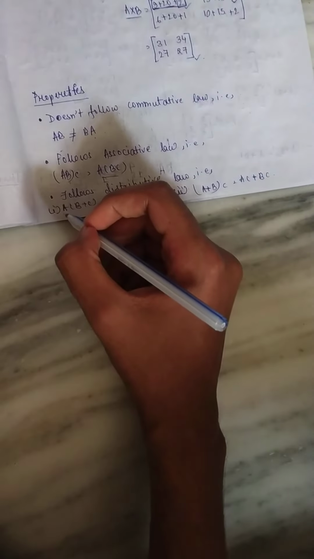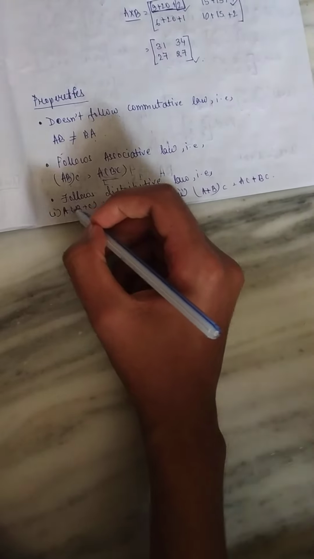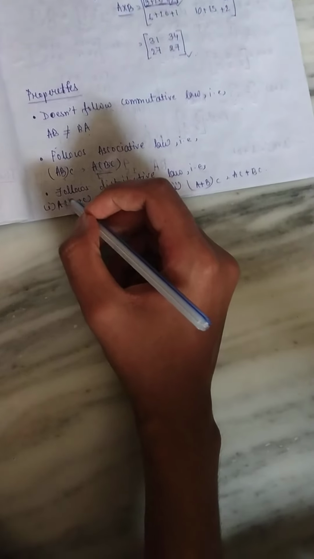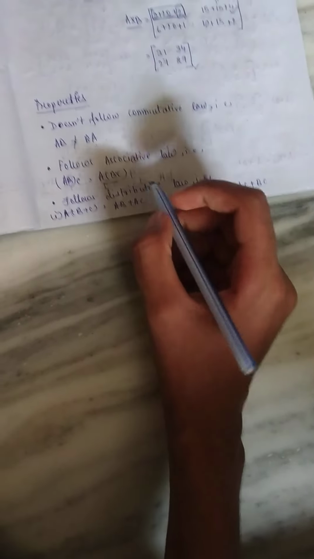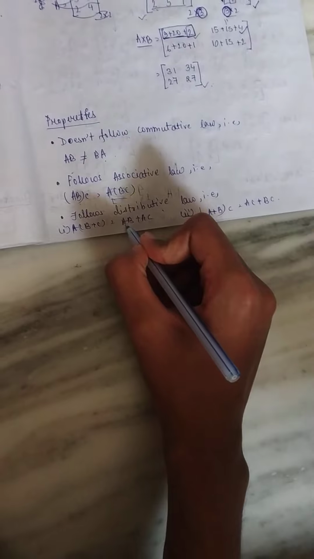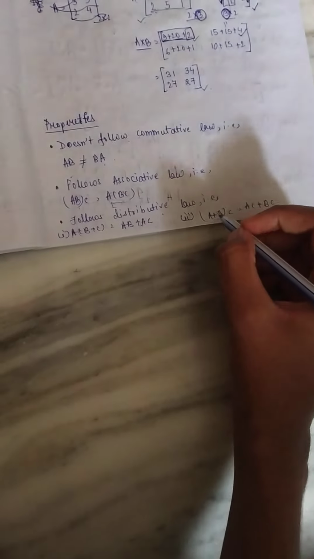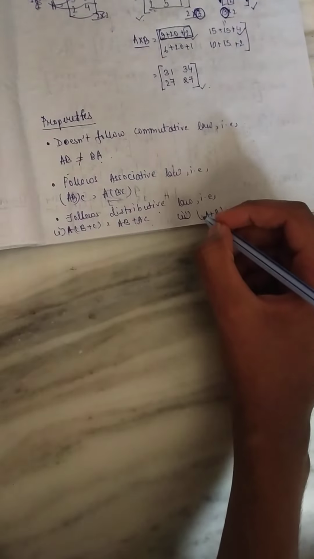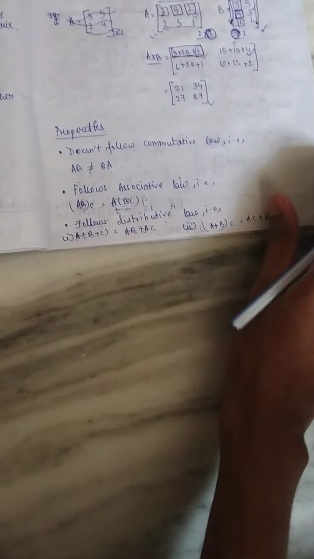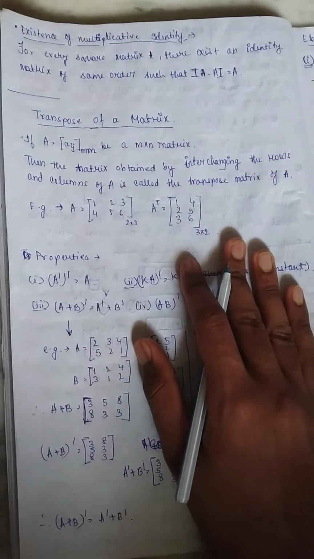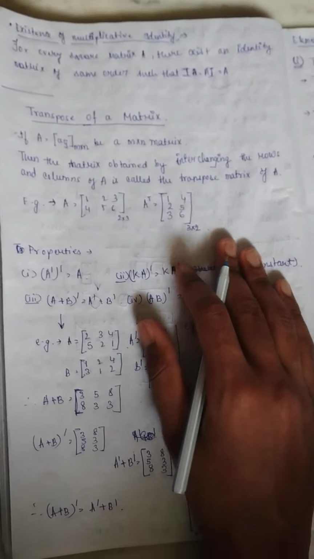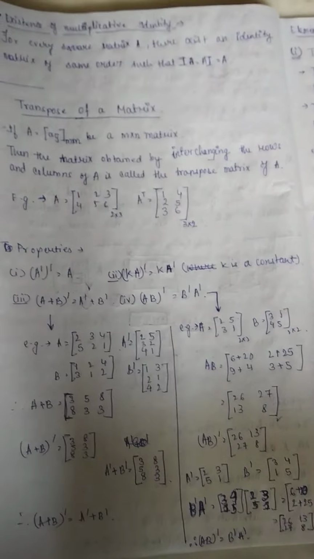If it is A into (B plus C), we can split it and write AB plus AC. And in another case, if it is (A plus B) into C, we can split it and write AC plus BC. Then we come to another property, existence of multiplicative identity.